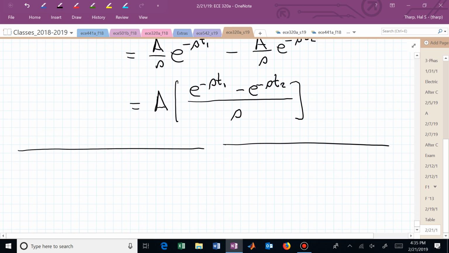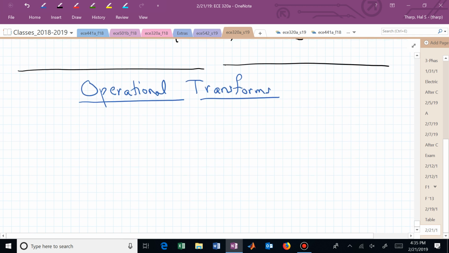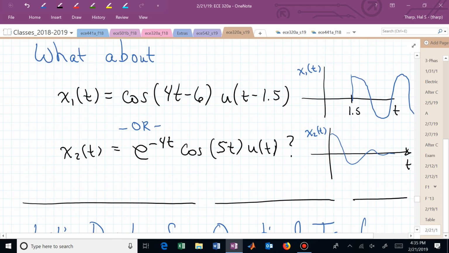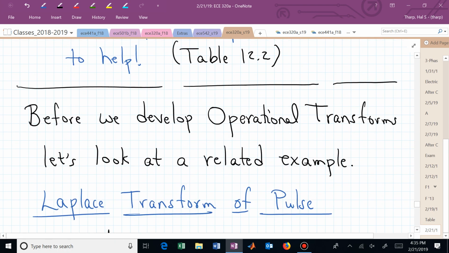Let's now look at some operational transforms. What we want to do is figure out how to use not only the tables, but also operations to come up with Laplace transforms for these uglier looking, or more challenging, waveforms.